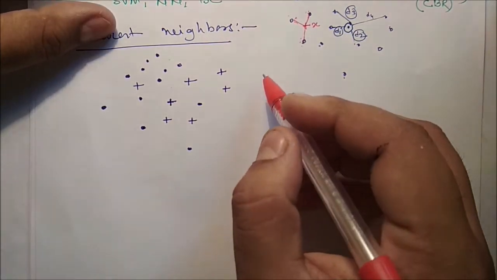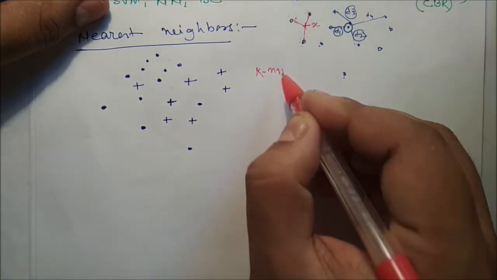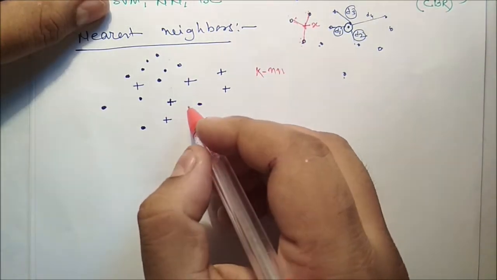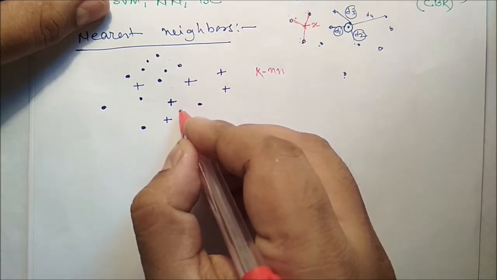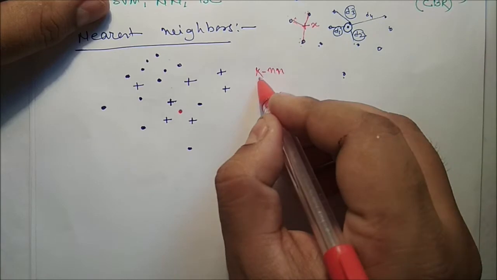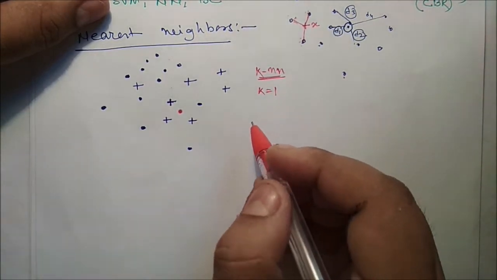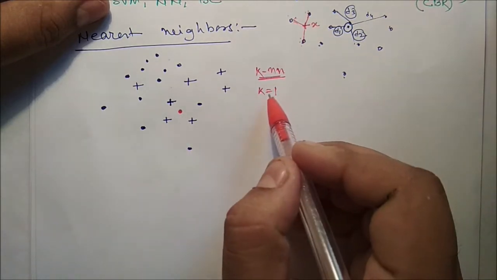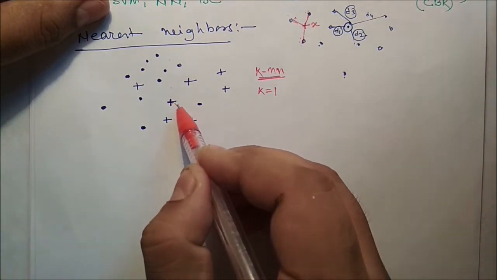Now suppose with KNN we want to identify the class level of any unknown data, say this one. We don't know its class level, so we want to apply KNN classification. Let the value of k be equal to 1. Then the nearest training data may be this one.